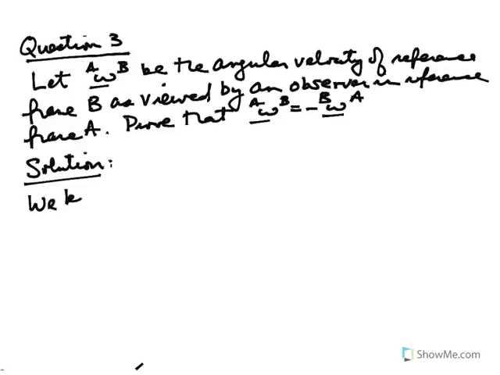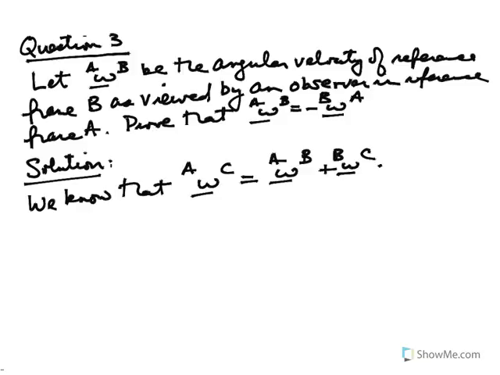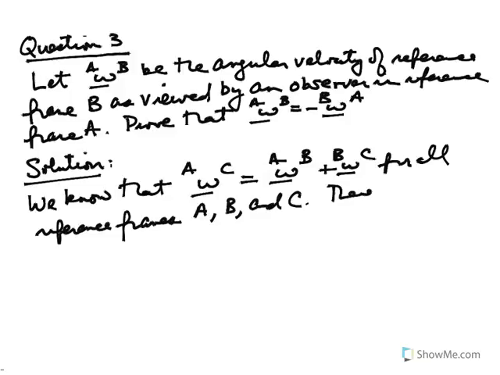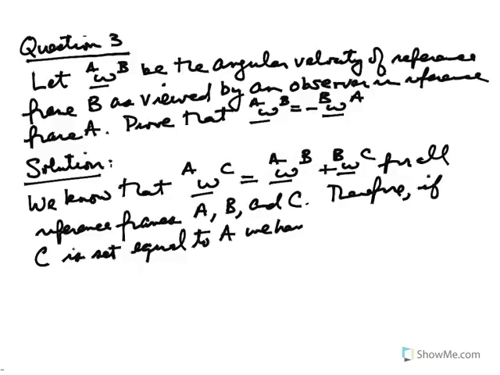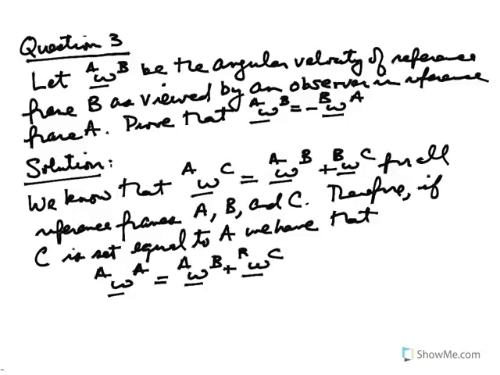We know that omega CA is equal to omega BA plus omega CB for all reference frames A, B, and C. So therefore, if C is set equal to A, we have that omega AA is equal to omega BA plus omega AB.